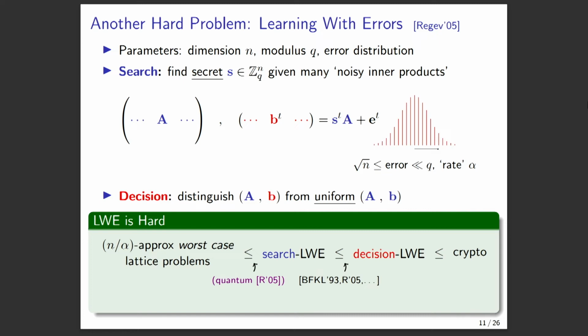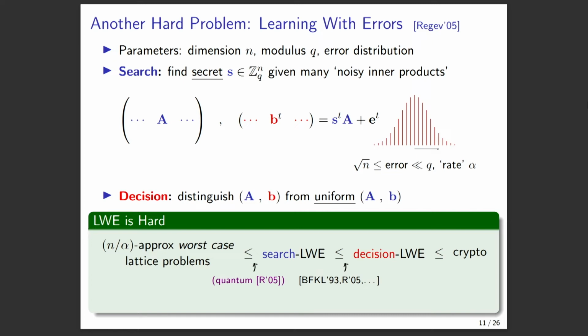And there's actually a classic reduction from '93, and you can generalize it to these larger queues and a lot of different parameterizations here. And then the most interesting and meaty part of the chain here is that if you can solve search, then you can solve worst case lattice problems. You can solve lattice problems in the worst case on n-dimensional lattices, and that reduction is quantum.